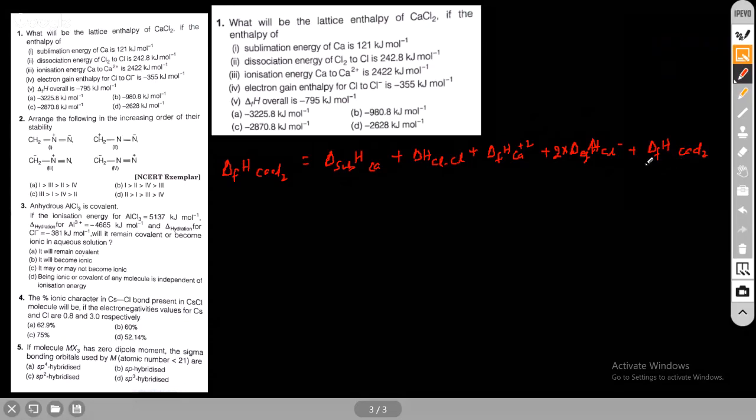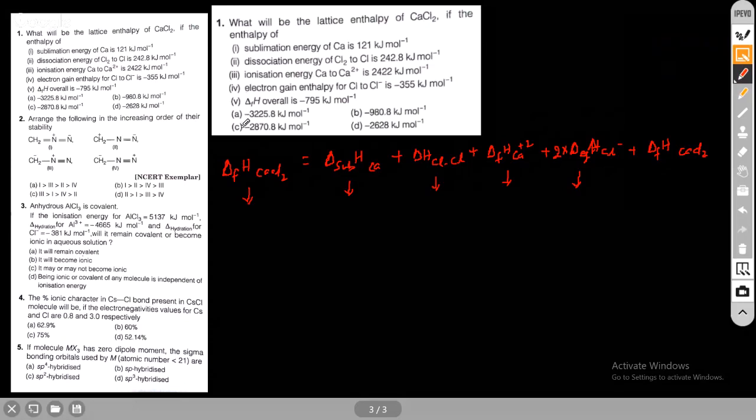Correct? So here you see this value is given, all these values are given. This is also given, this is also given. You have to find out the enthalpy of formation of CaCl2. You will solve this and you can get the answer.